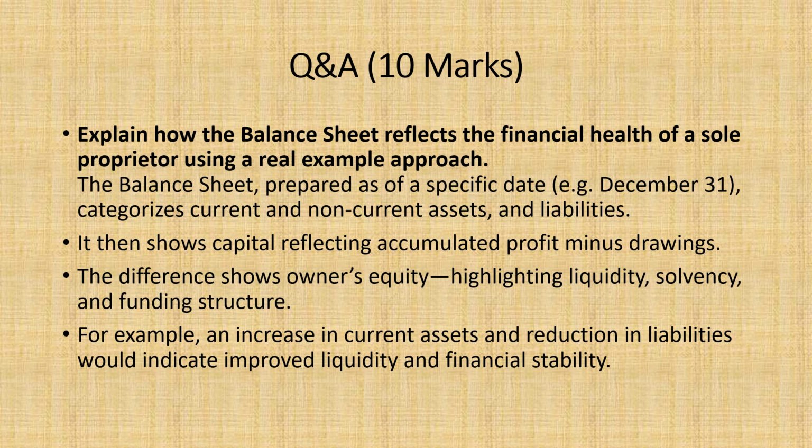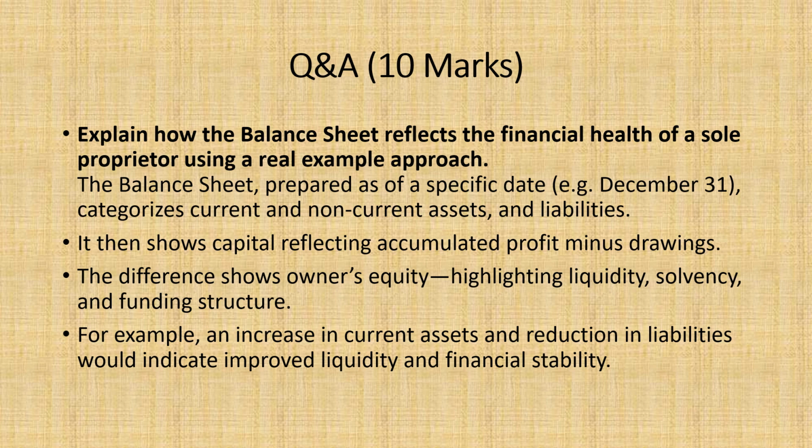Explain how the balance sheet reflects the financial health of a sole proprietor using a real example approach. The balance sheet prepared as of a specific date, for example, December 31st, categorizes current and non-current assets and liabilities.